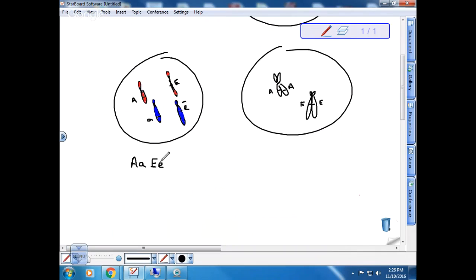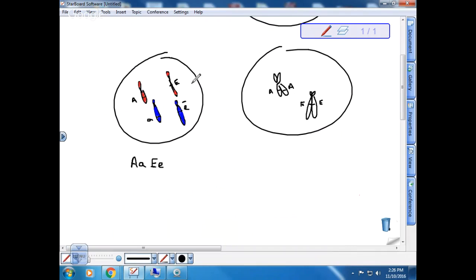It has two copies of the A gene. It just happens to have one dominant A and one recessive A, but there's still the A gene, right? E is on a separate chromosome, and we have heterozygous. So this would be heterozygous for the A gene and heterozygous for the E gene, okay? So that is the genotype.